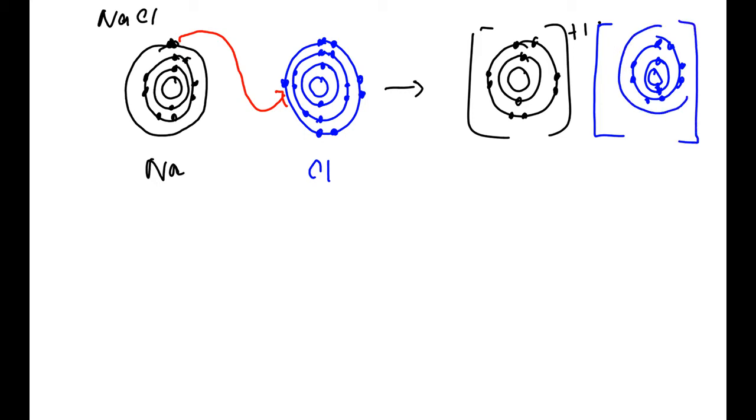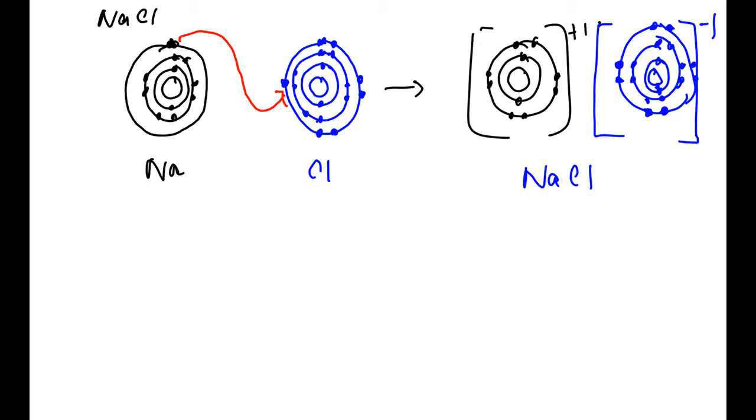You can just write the plus if it's 1. We tend not to write 1s in chemistry. So this is -1 because it gained an electron. This is my Bohr diagram to show how sodium chloride forms.